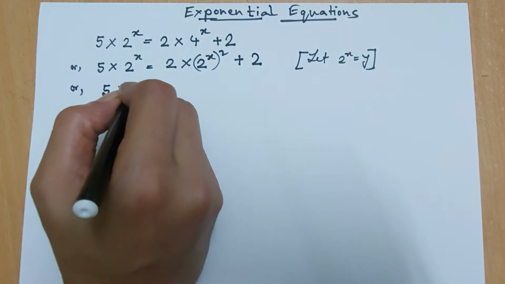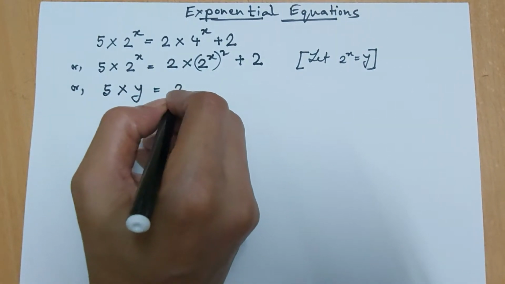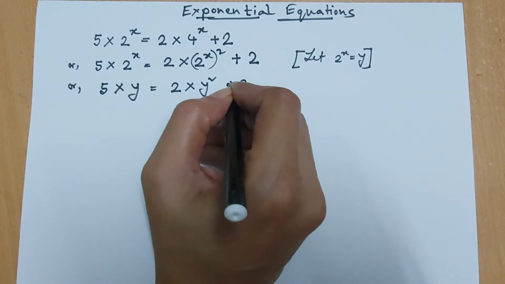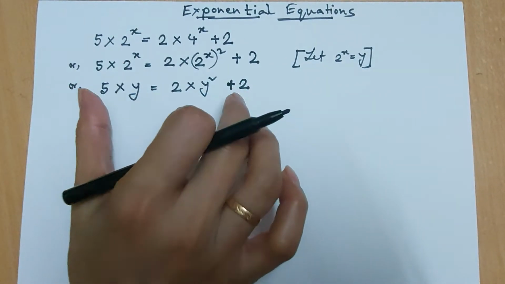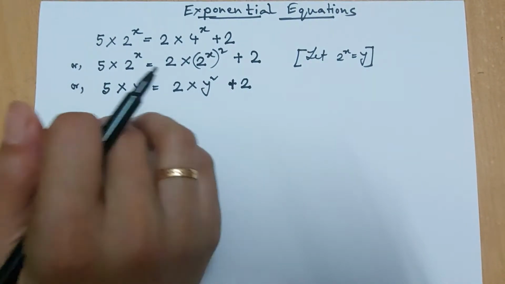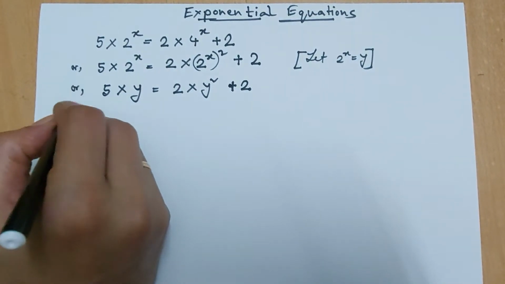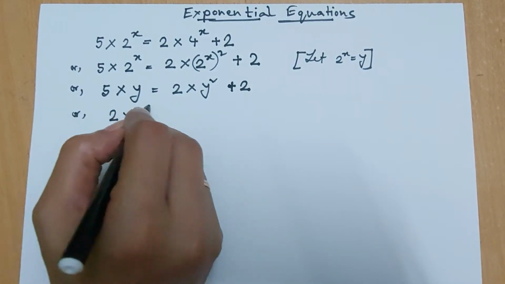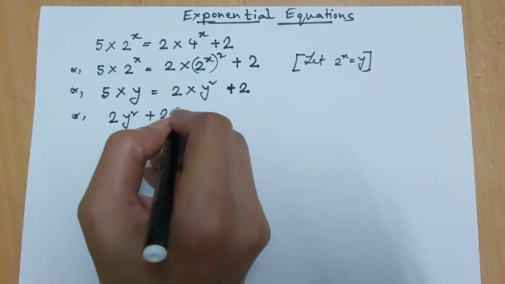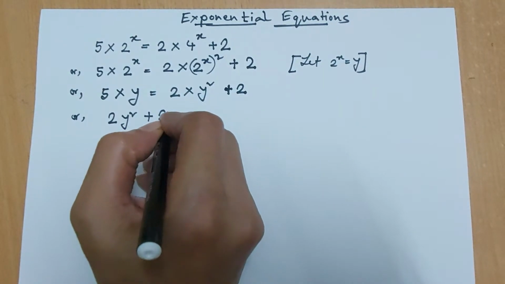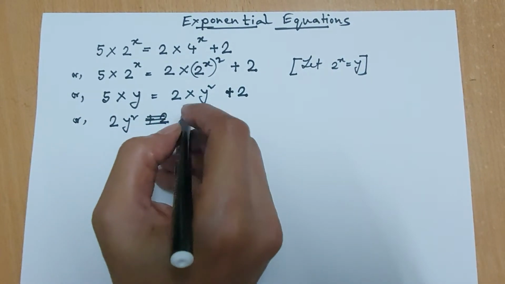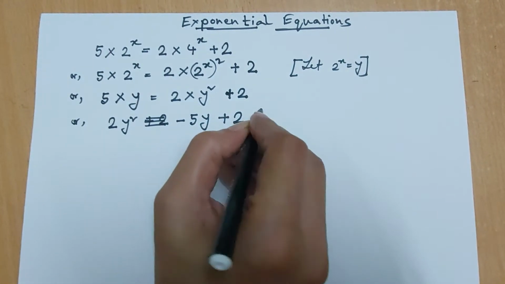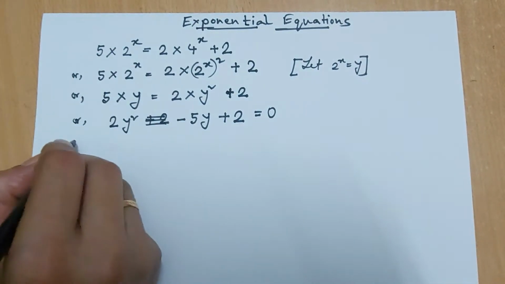That is 5 into y equal to 2y square plus 2. Now the line has become the simplest form to solve by factorizing. Sorry, I will write minus 5y at first and then plus 2 equal to 0.